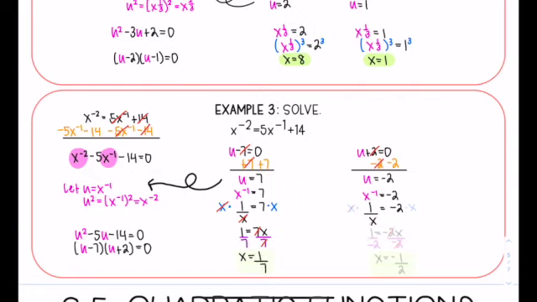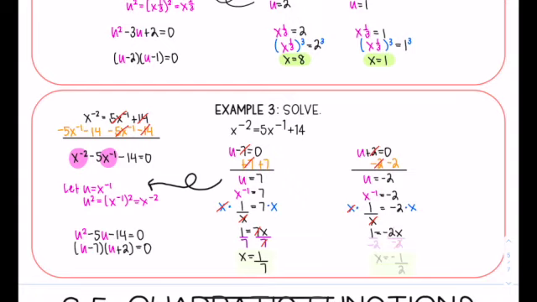And we're going to do the same process with the other one. We're going to multiply both sides by x. So it cancels. And we get that 1 equals negative 2x.